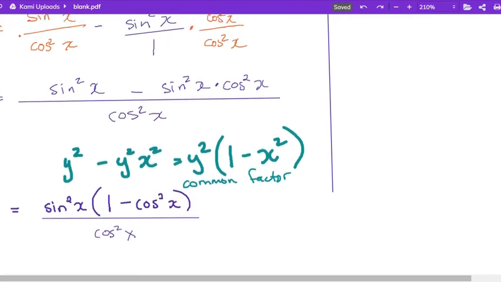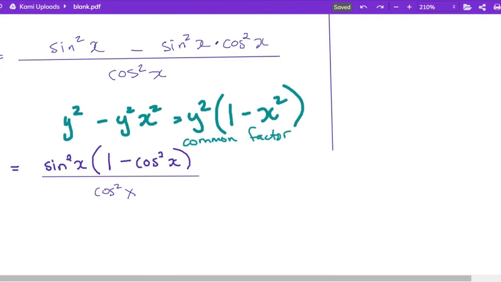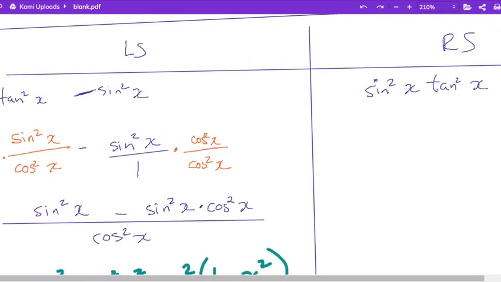Good. Now, at this point, I'm going to look at the right side to see where I'm heading. I'm going to jump into the right side to get rid of the tan, to get a better sense of how I can get both sides equaling each other. Sine squared x over sine squared x over cos squared x.